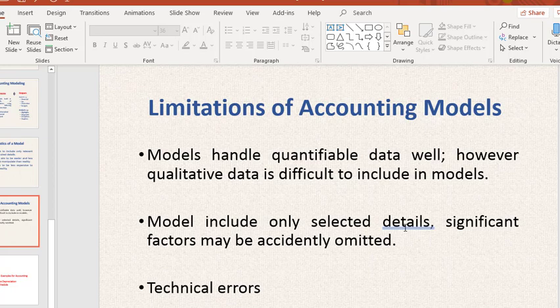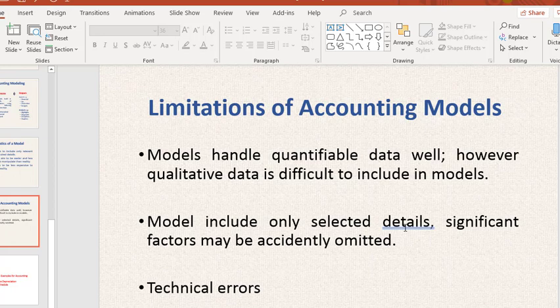So you have to keep in mind, you have to design carefully. Actually, when it comes to developing an accounting model, you need to plan it, right? You need to take some time to think about what is the need of this particular accounting model you are going to prepare, who are the users, what is their information need, and for what purpose we are going to use this accounting model. So you need to have a very good understanding and planning before developing the accounting model.